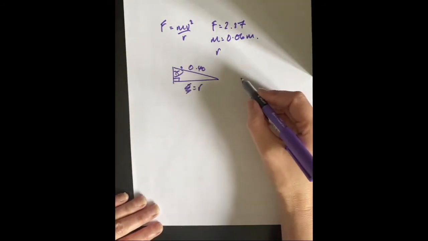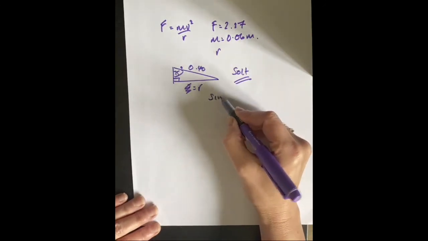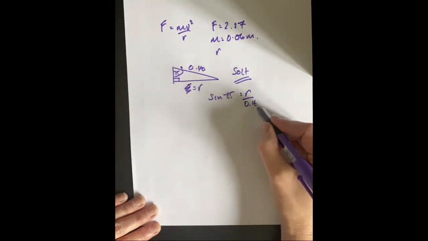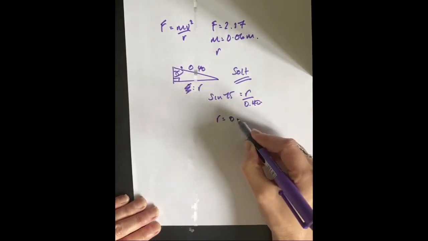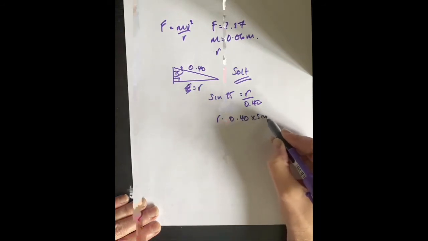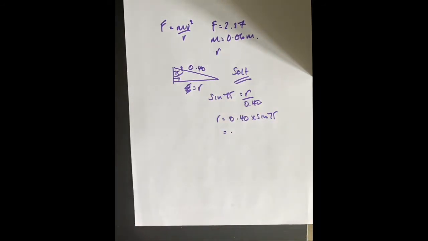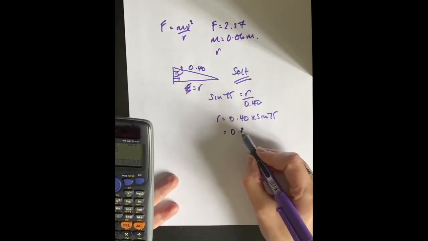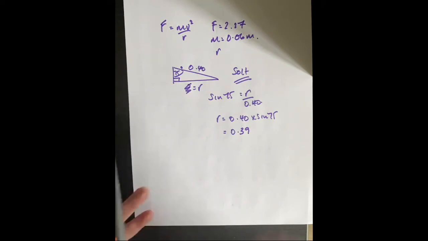So opposite and hypotenuse. Sine 75 equals r over 0.40. So r equals 0.40 times sine 75, which is 0.39, which isn't far off.